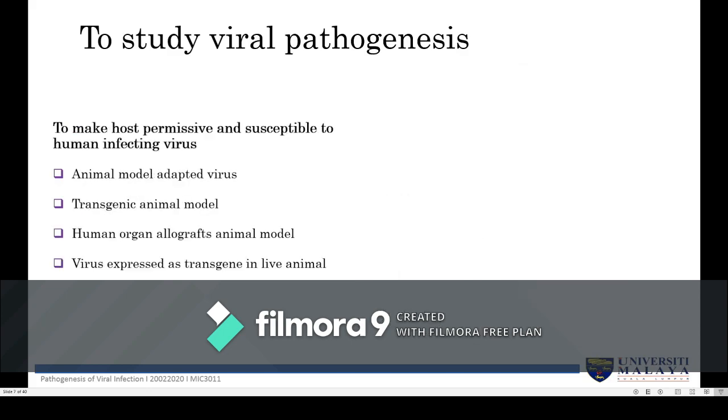Another problem with animal models is that they are not all permissive and susceptible to human viruses. So what they did is they developed animal-adapted viruses. They infect the animal models for certain periods until the virus becomes permissive and susceptible.